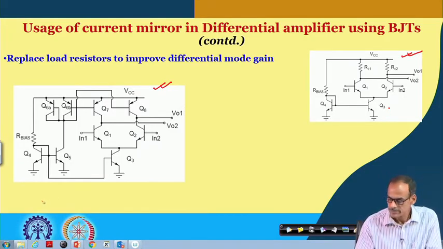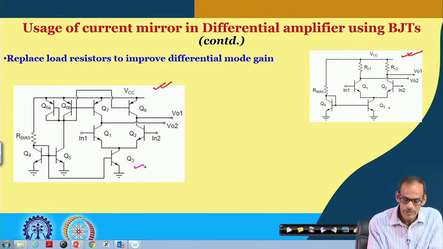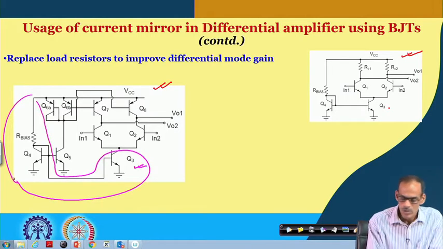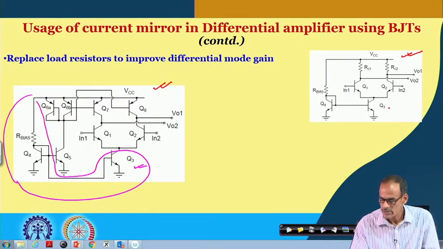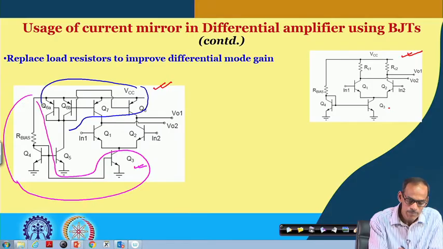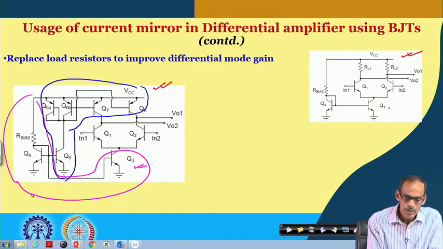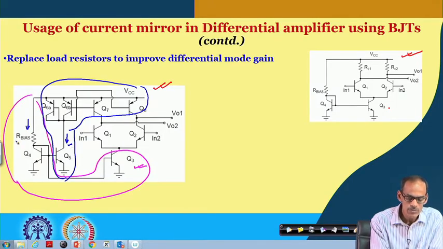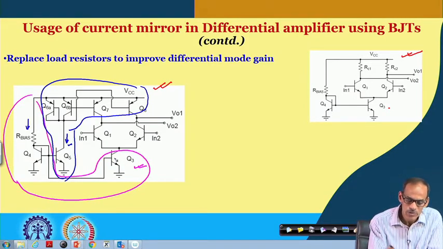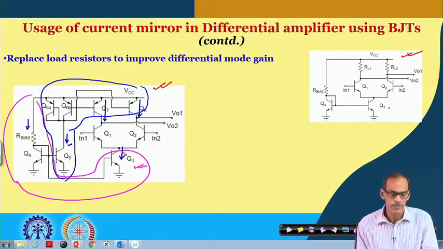Here we have both: the tail part is coming from this current mirror, and the load part has this current mirror, and its reference current, of course, is also obtained from the same common reference current. As a result we can maintain a good balance of this current and this current together with whatever current is flowing through transistor 3.